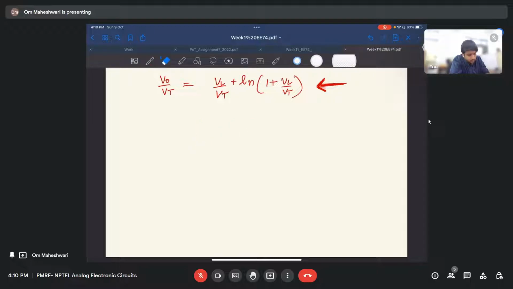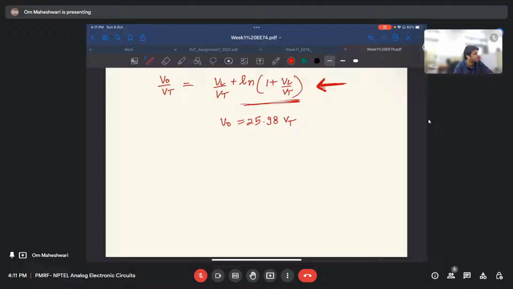Okay. V0 is 25.98 times VT. What value are you getting for VL/VT by solving this?